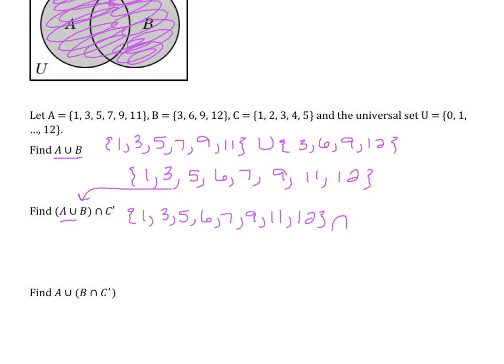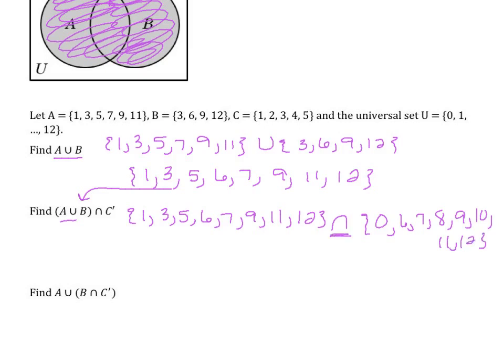And let's intersect that with the items that are not in C. If they're not in C, we have to compare them to the universal set. So we can have 0 because 0 is not in C. We can't have 1, 2, 3, 4, 5, but we can have 6, 7, 8, 9, 10, 11, and 12.